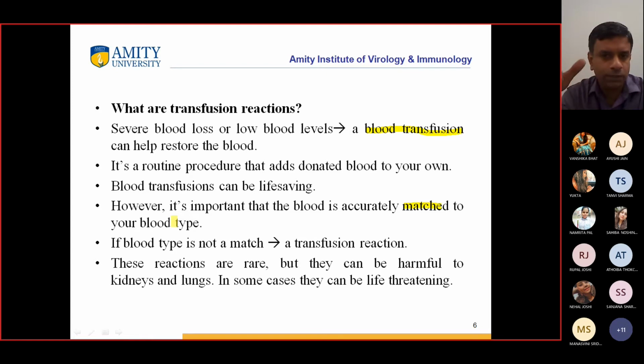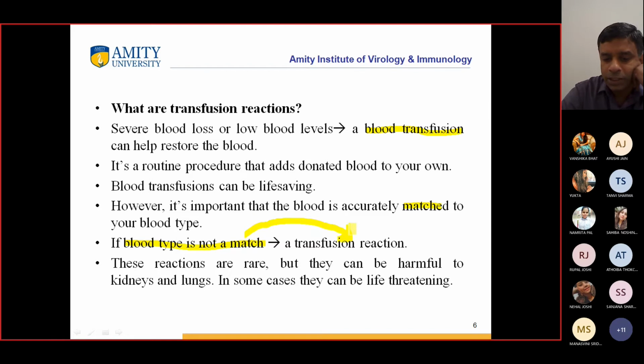I think we discussed agglutination reaction, antigen antibody interaction and ABO blood grouping when we were talking about monoclonal antibodies. Now, the problem is if the blood type is not a match and you have done transfusion, then the transfusion reaction will occur.